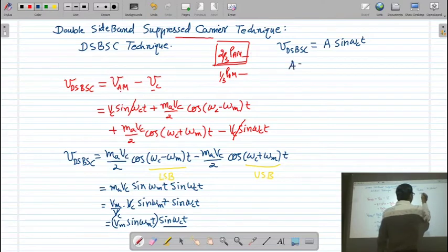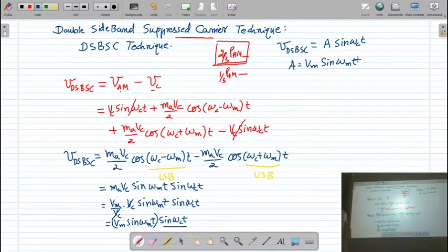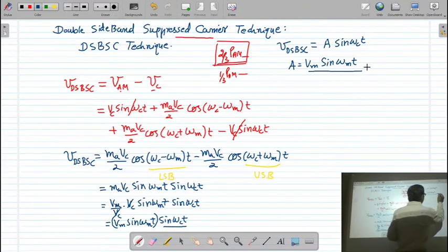What is A? A is Vm sin omega mt, and that is representing the envelope of a modulated wave.